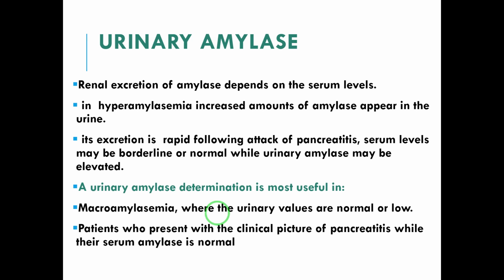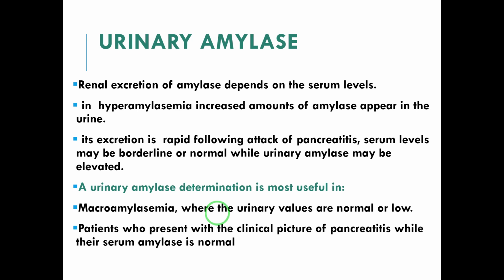We can use this marker in two conditions. First, in case we suspect that the patient has acute pancreatitis, we can measure the urine amylase because it remains elevated for a longer period than the serum amylase.